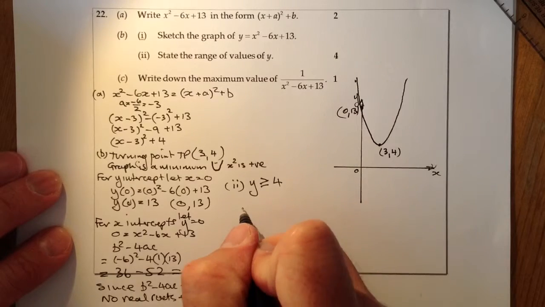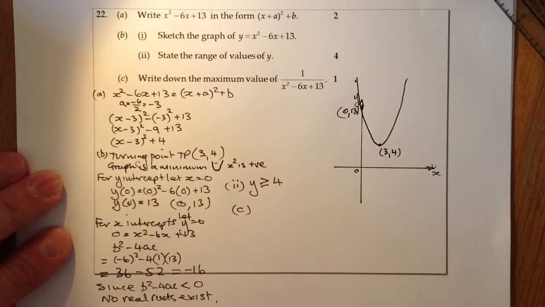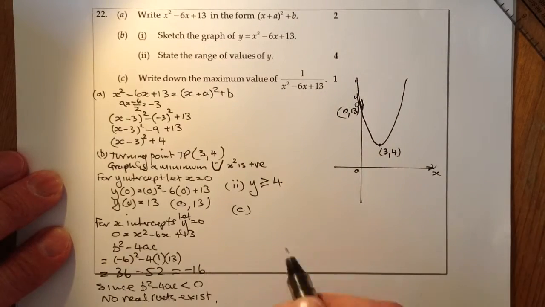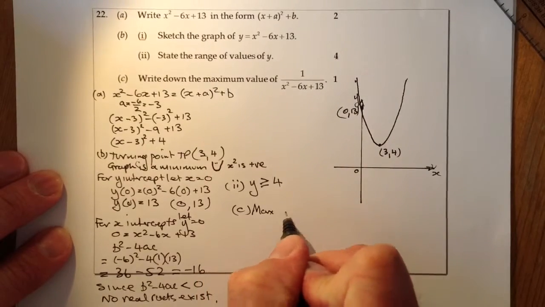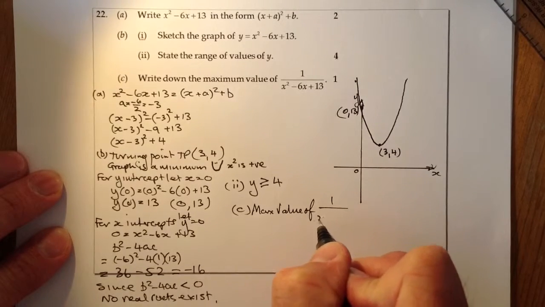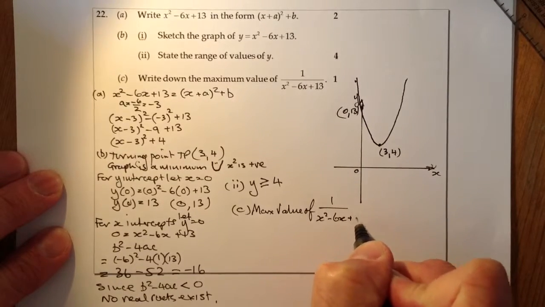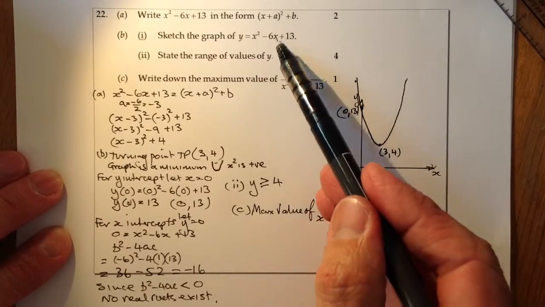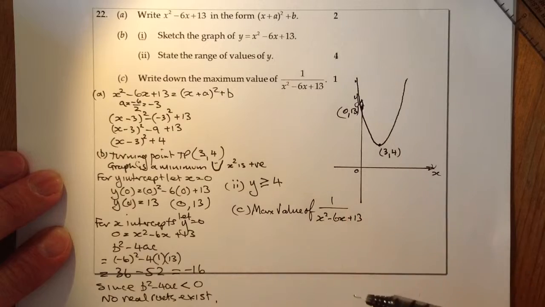For part C, we have to write down the maximum value of this here, okay? So what I can say is that for the maximum value of 1 all over x squared minus 6x plus 13, and I hope you've realised that that there is what we've been working on all the time here.